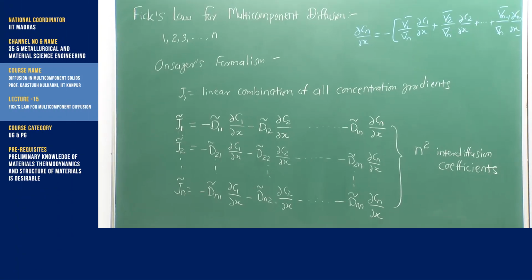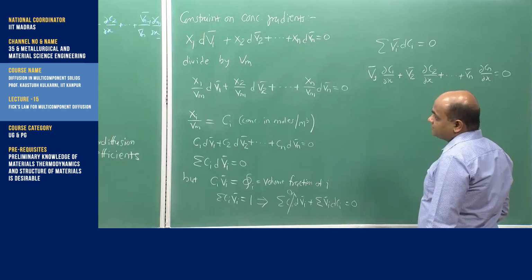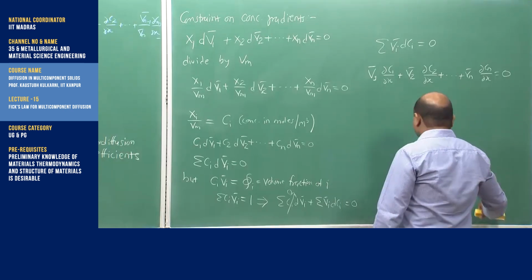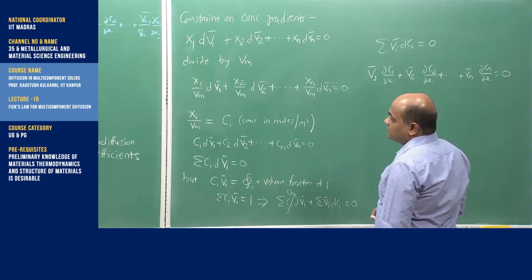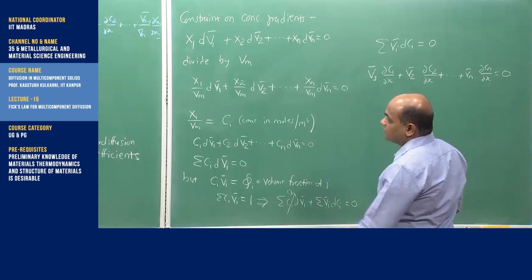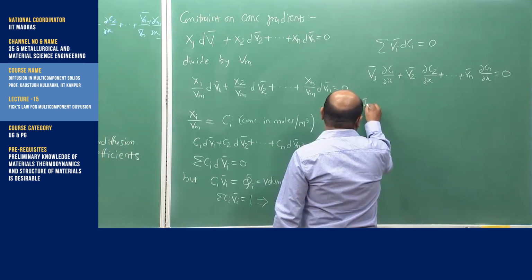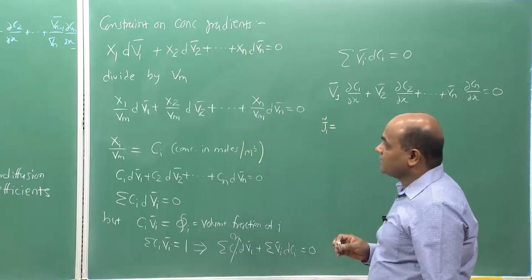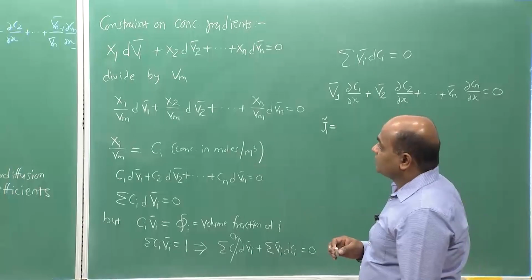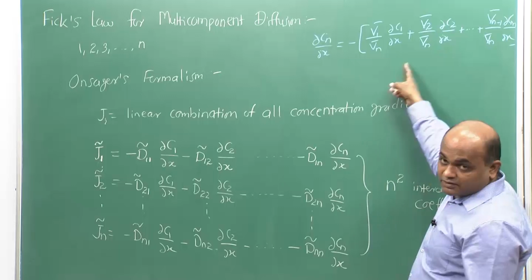So, suppose we substitute in the equation for J1 tilde, we substitute for dou Cn by dou x, we replace this term by this term on the right hand side.